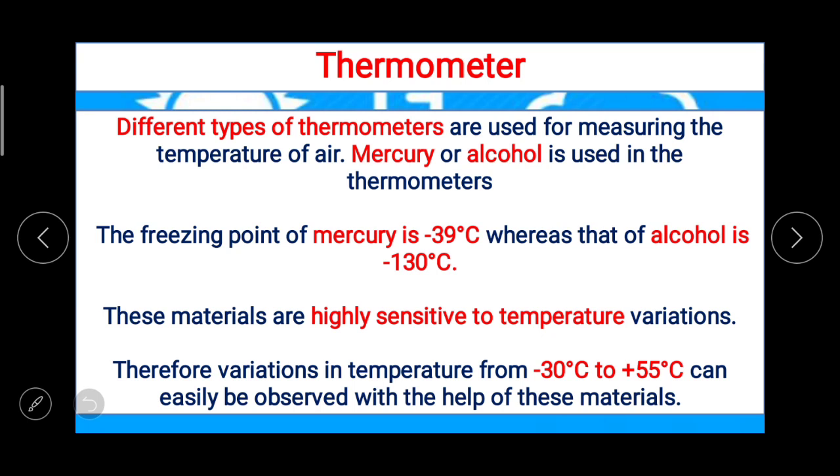Different types of thermometers are used for measuring the temperature of air. So mercury or alcohol is used in the thermometers. Keep in mind this, mercury or alcohol.